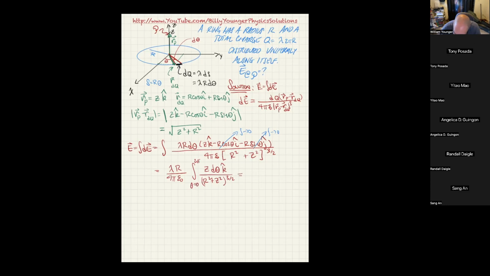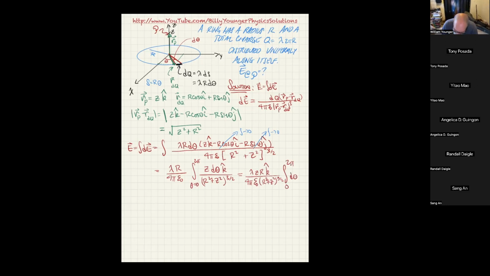So I'm going to get lambda z r k hat over 4 pi epsilon naught times r squared plus z squared to the 3 halves times the integral d theta from 0 to 2 pi.